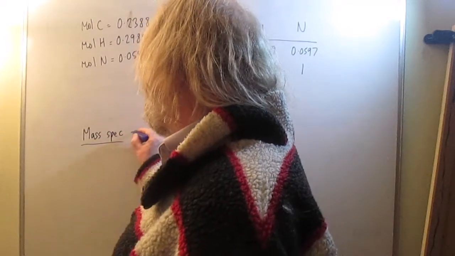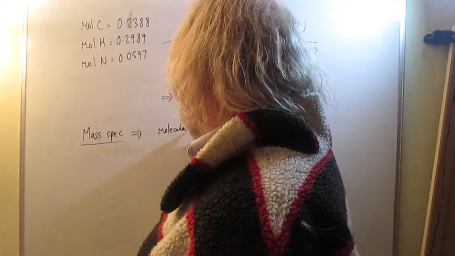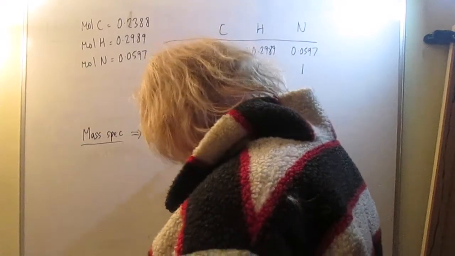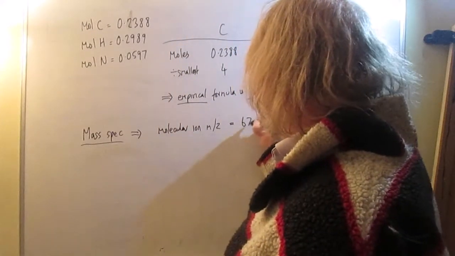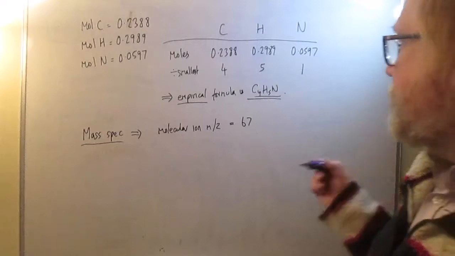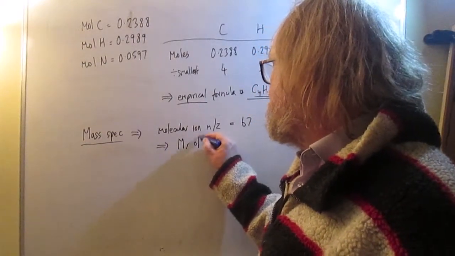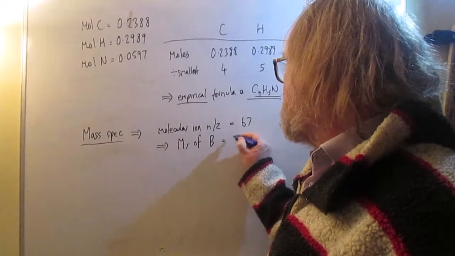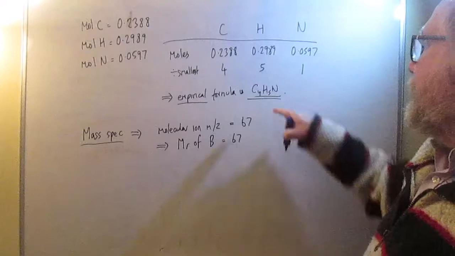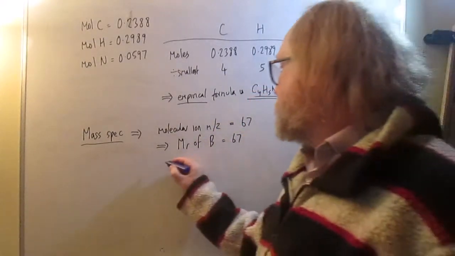So the mass spec tells you that the molecular ion M over Z is equal to 67 in the mass spectrum, and you explain that what that tells you is that the Mr of compound B is equal to 67, and then you just compare that with what that formula predicts.